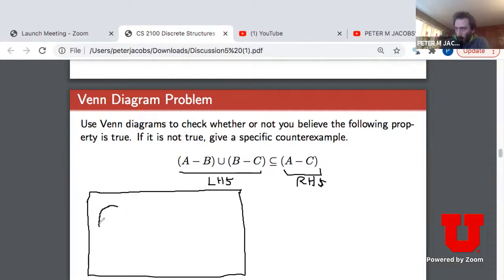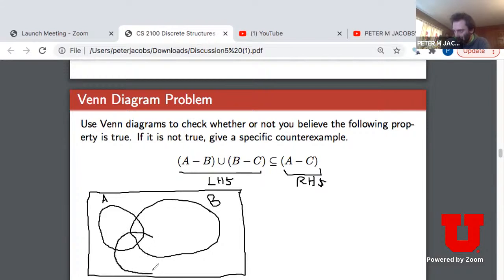All right, here is A. That's A. And then this is B. And then here's C. And then all of these sets are sitting in some universe, some bigger world.